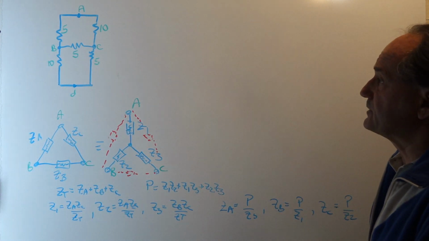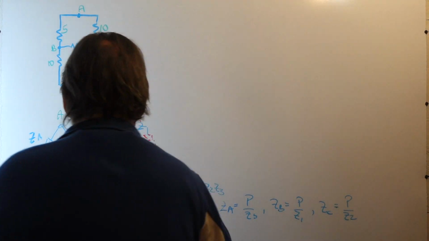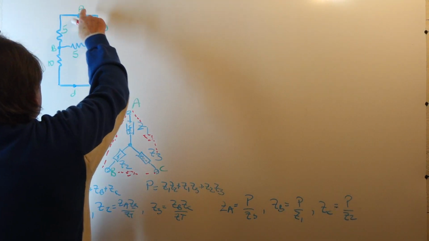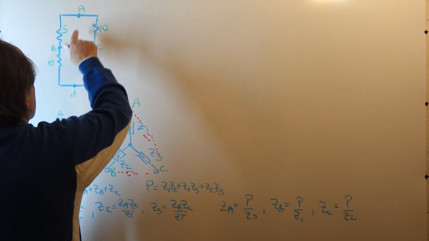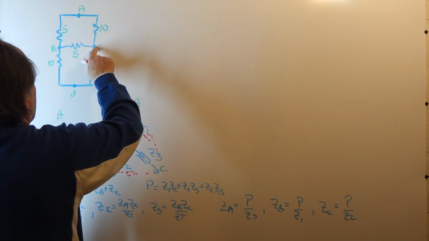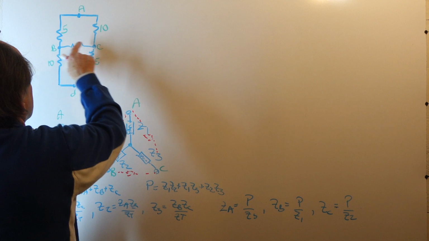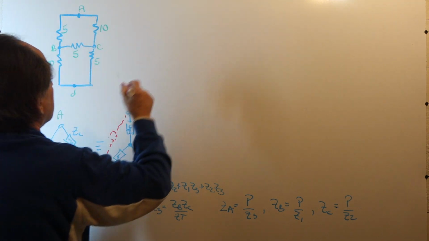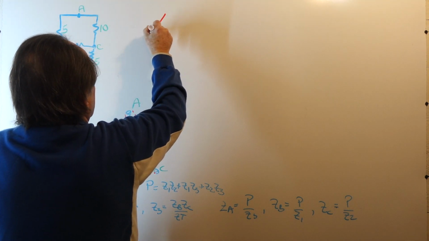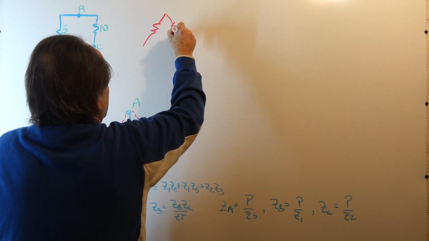Now, we'll use that. We recognize that this connection here between A, B, and C is a delta connection. I can write it in this fashion. I'll just redraw it.